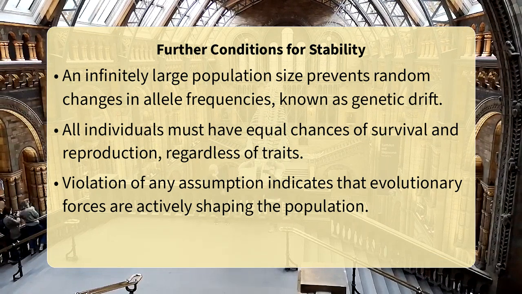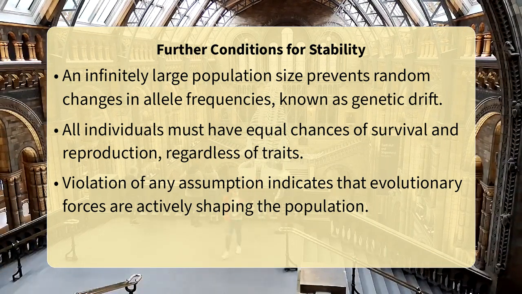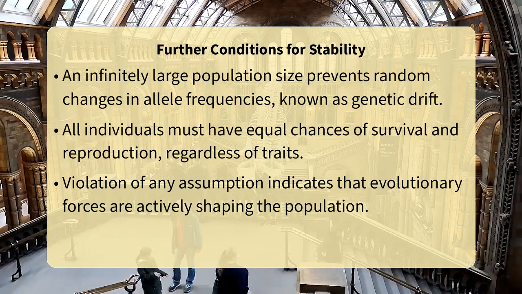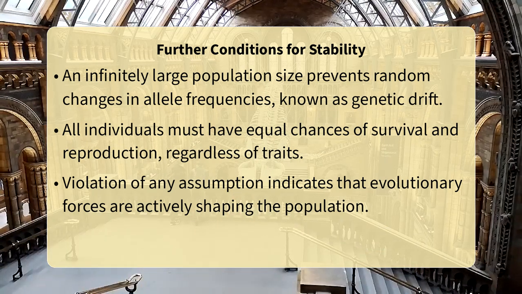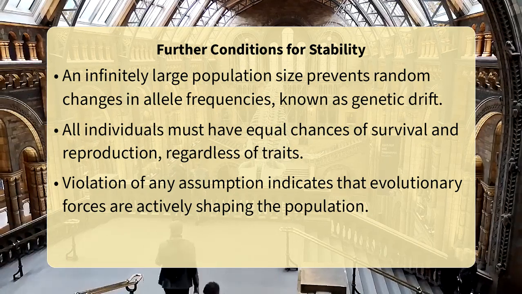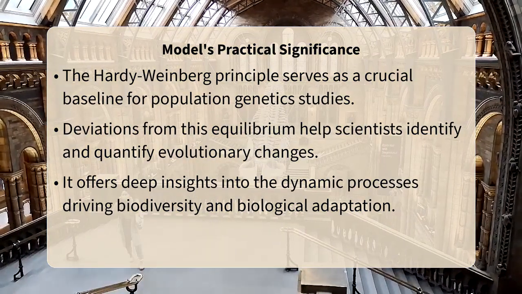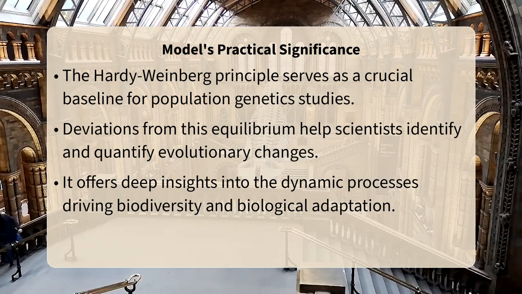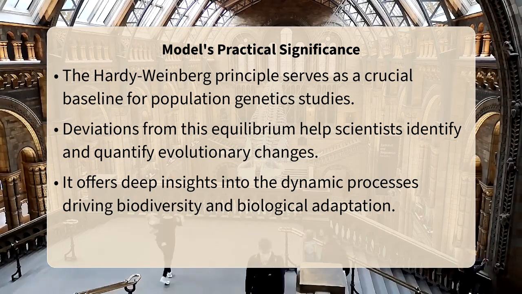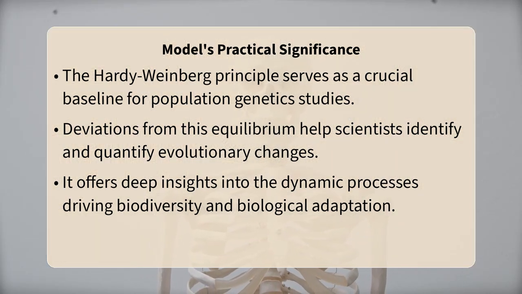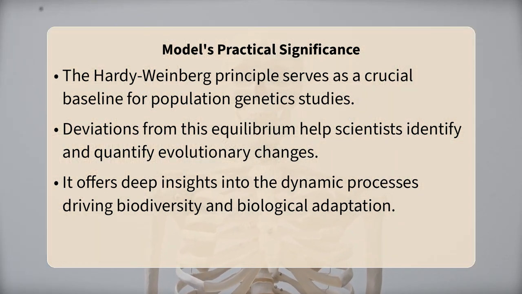Understanding these assumptions is crucial because the Hardy-Weinberg principle serves as a foundational null hypothesis in population genetics. It provides a benchmark against which real-world populations can be compared. When scientists observe deviations from Hardy-Weinberg equilibrium, they can then investigate which specific evolutionary forces, such as selection or drift, are acting upon the population.